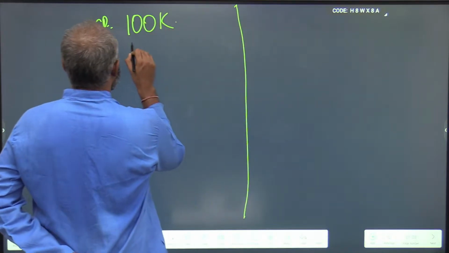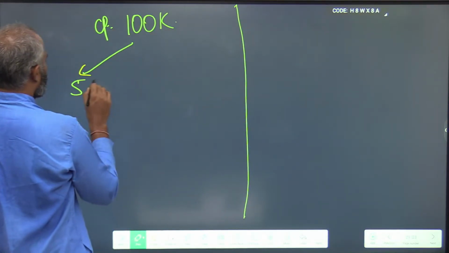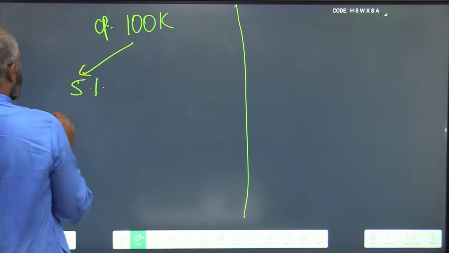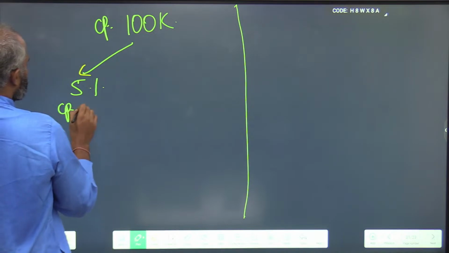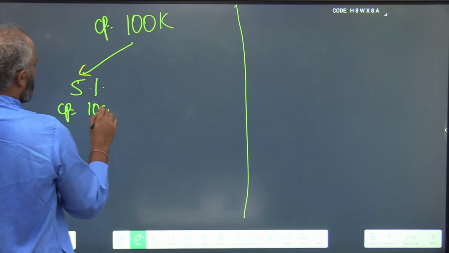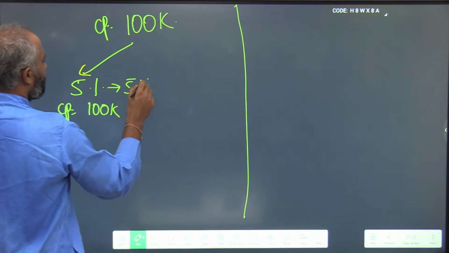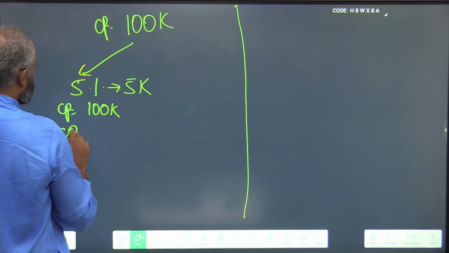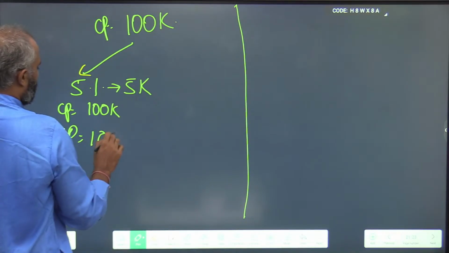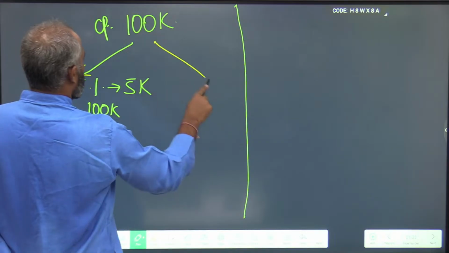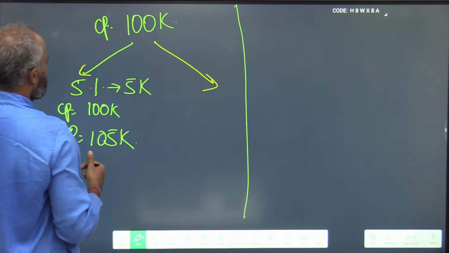So the initial profit was 5%. So CP is equal to 100k. 5% profit on this will be 5k, right? So your selling price is 105k.